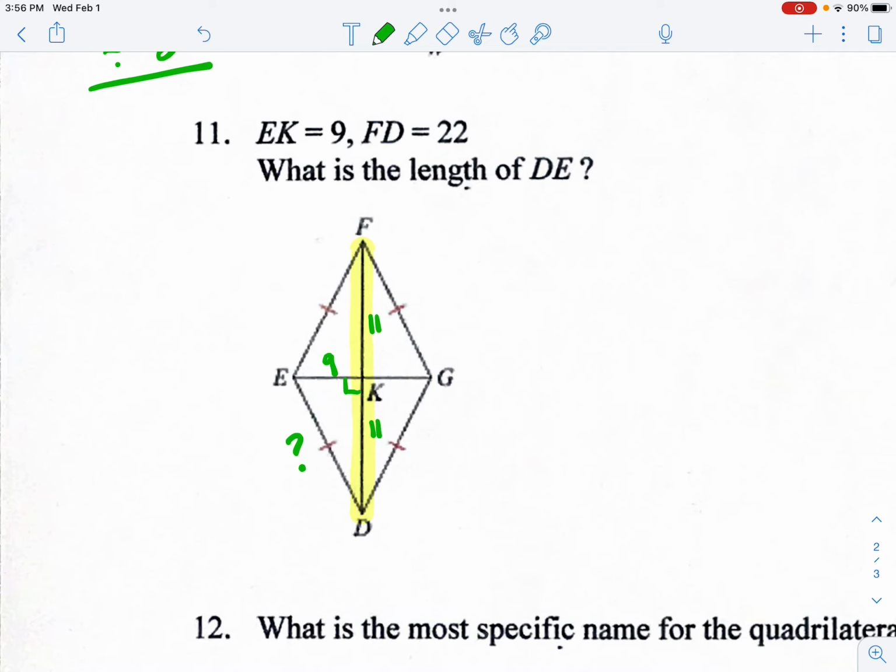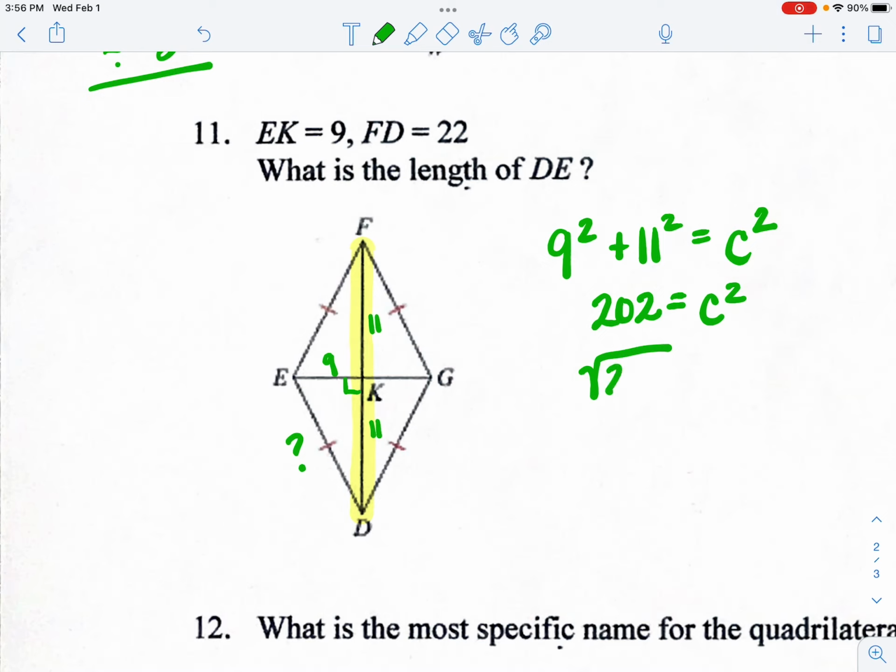So this is odd right here. And so I can see that's actually the hypotenuse of my right triangle right there. So setting this up in the Pythagorean theorem, I am looking for the hypotenuse. So it would be 9 squared plus 11 squared equals c squared. 9 squared plus 11 squared is 202.